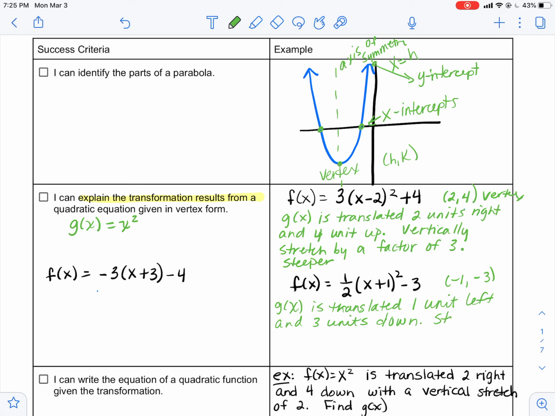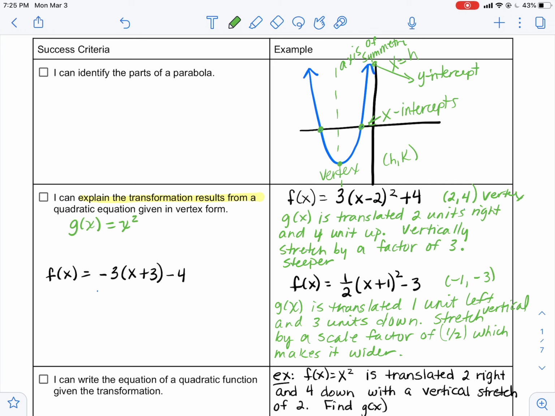Then it's stretched by a scale factor of 1/3. Let's say a vertical stretch. I'll put that word in there. Vertical stretch of a scale factor of 1/2, which makes it wider.